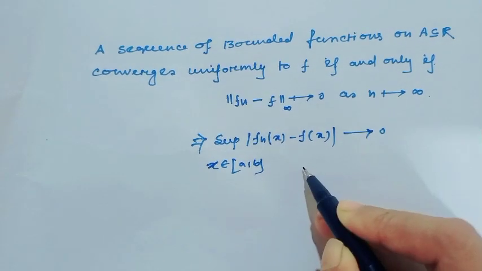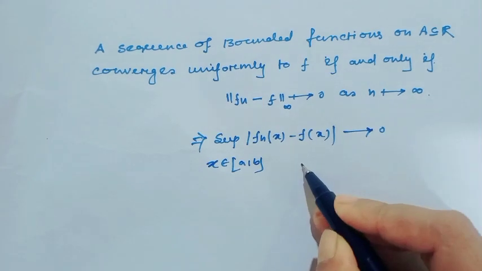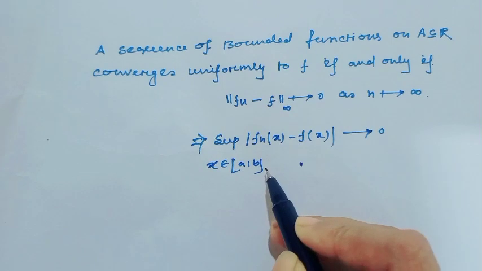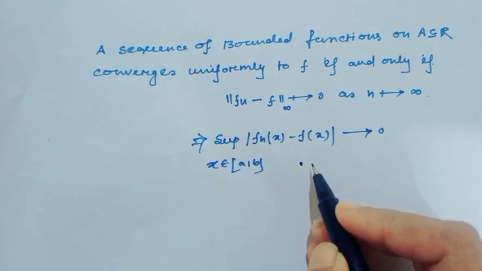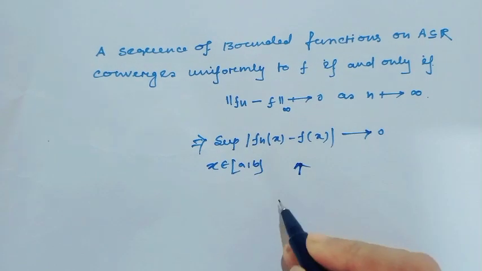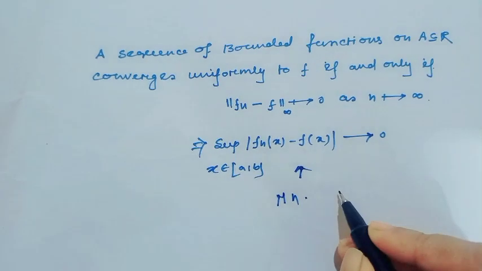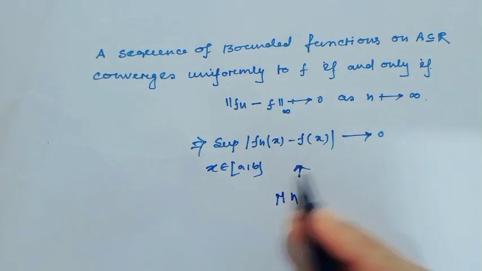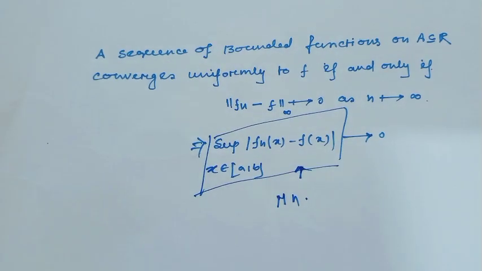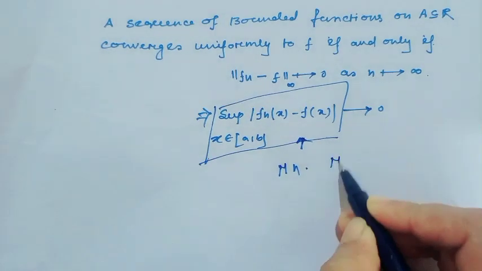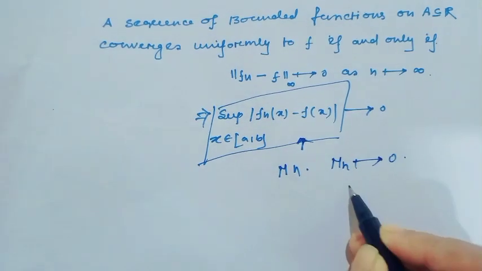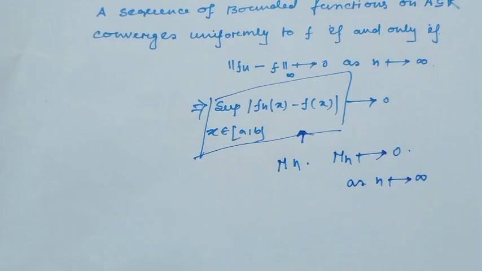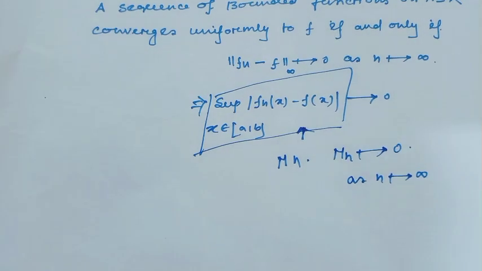This means the Mn test. In a sequence of functions, the supremum over x belonging to [a, b] of fn of x minus f of x is actually Mn. We consider this term as Mn, and we all know that if Mn tends to 0 as n tends to infinity, then we can tell the sequence of functions is uniformly convergent.